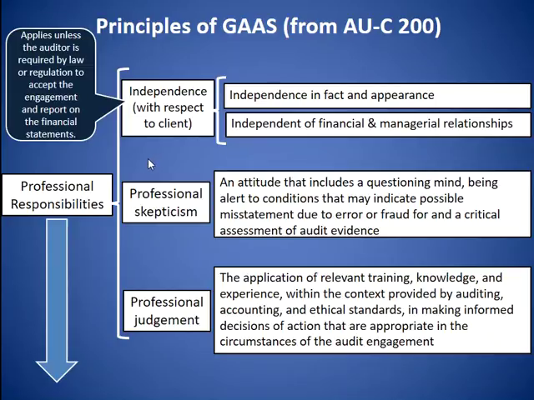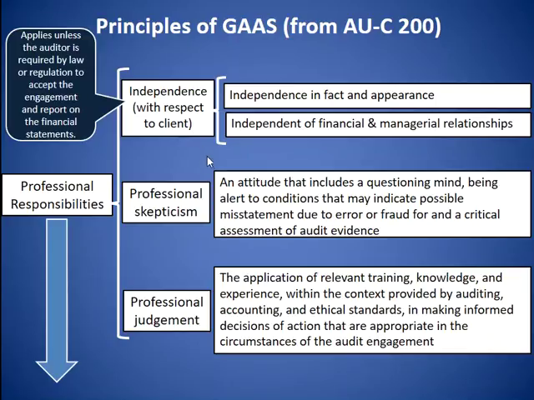As a matter of fact, as I mentioned to you, that's where that independence is tested quite a bit. This is nothing more than a summary of what we would find in the AICPA Code of Conduct. Independence in fact and appearance, and independence of financial and managerial relationships with the client. So independence is a cornerstone.